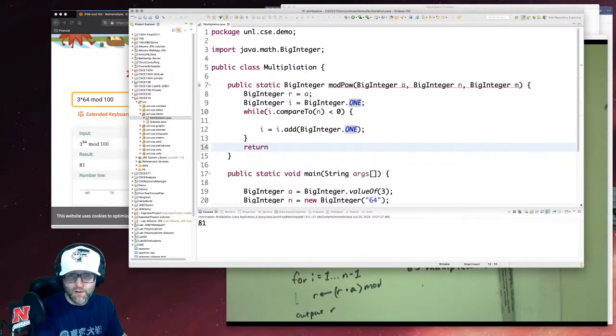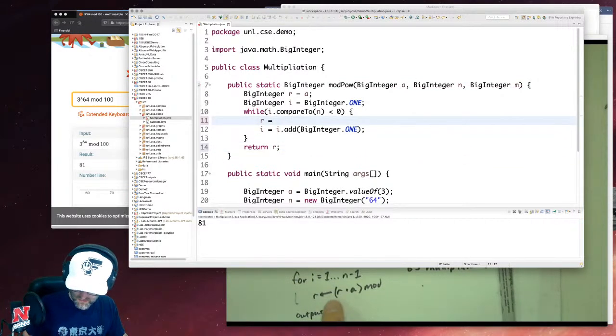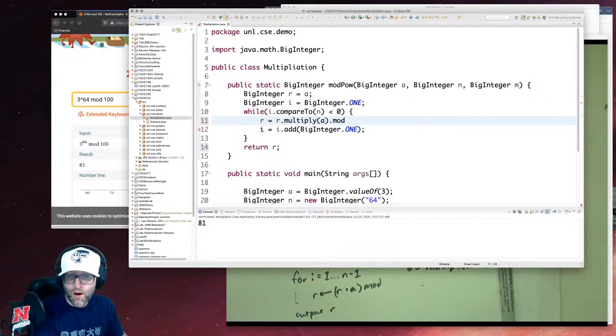And then I'll return r when I'm done. r gets updated to r times a mod m. So r dot multiply a dot mod m. You can chain these together because of what's called a fluent design pattern, where it returns itself.